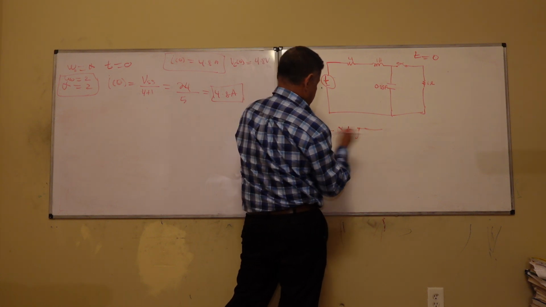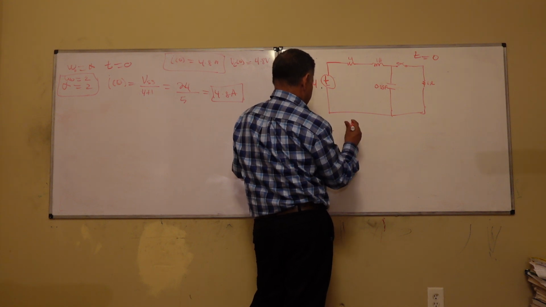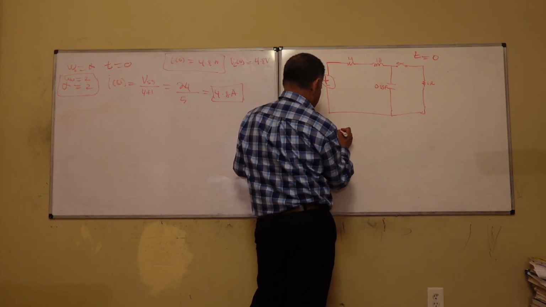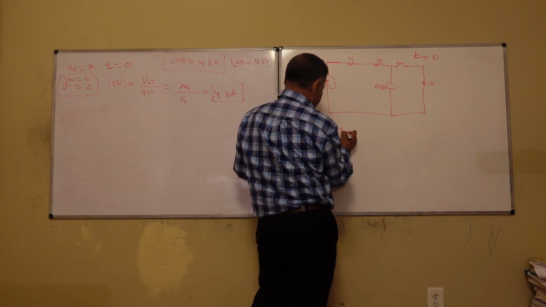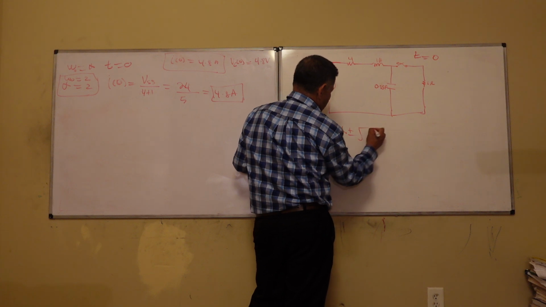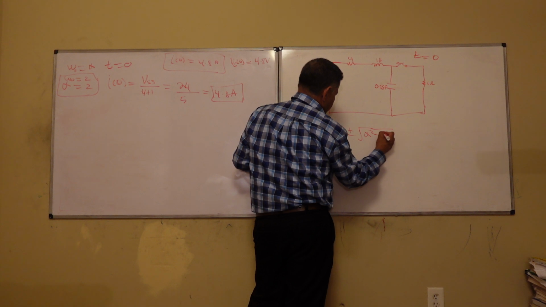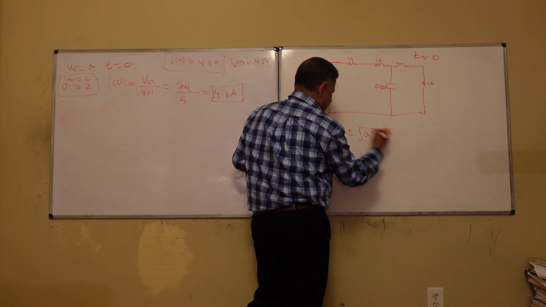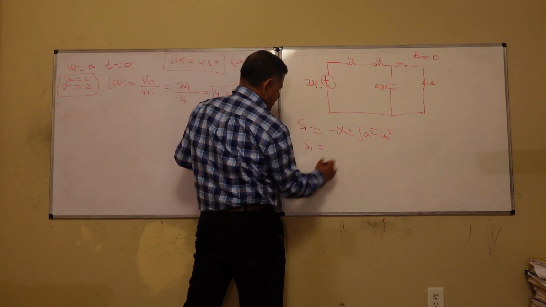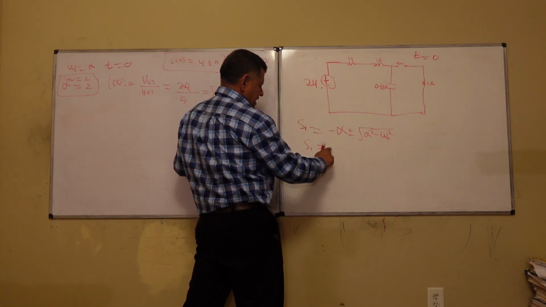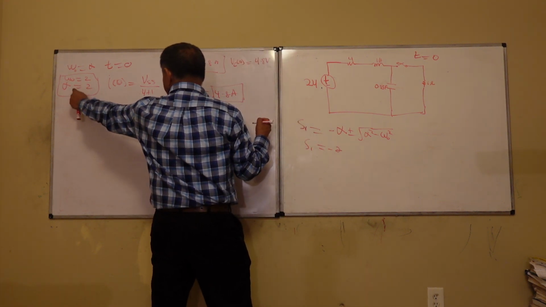the square root of alpha squared minus omega naught squared. Now, S1 is equal to minus 2, which is that 2.